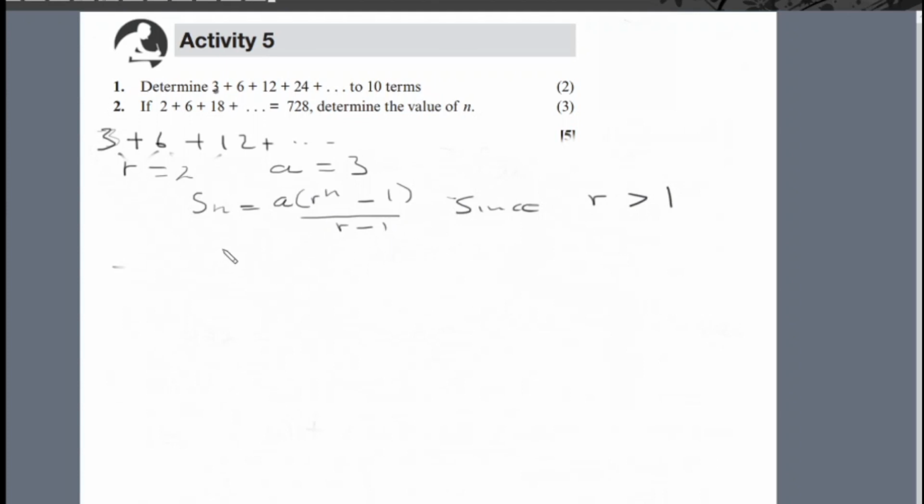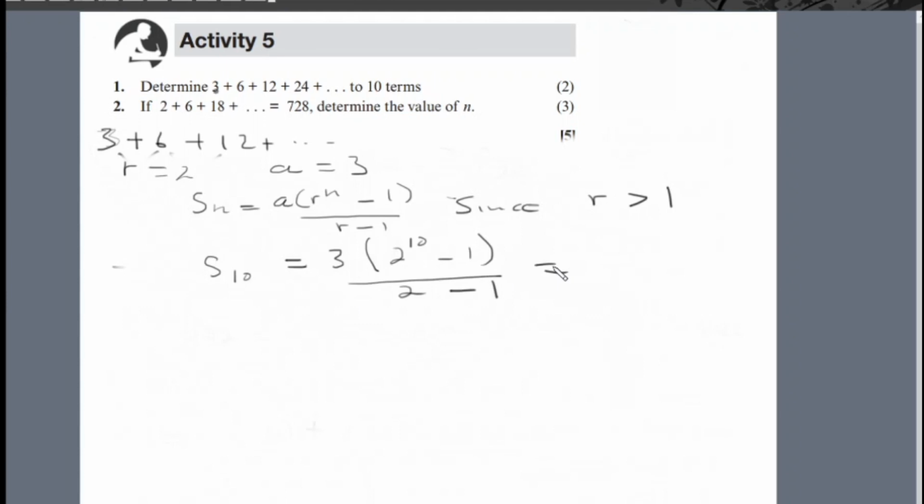Right? So we can go ahead and substitute 10 because we are summing this up to 10 terms. So lapha ku a we put 3, lapha ku r we put 2, lapha ku n we put 10 minus 1, siba no 2 minus 1, and then let's press the calculator.